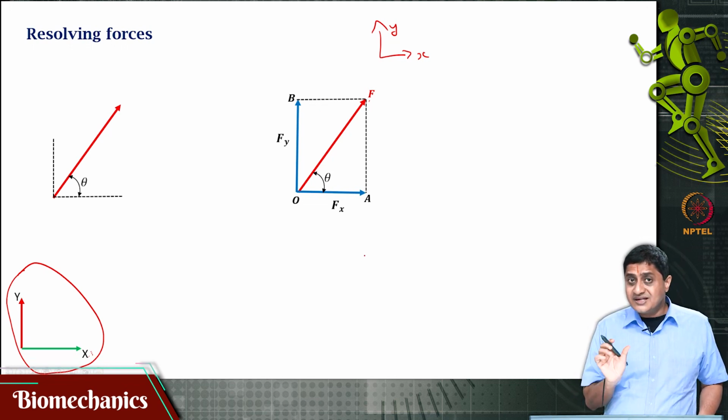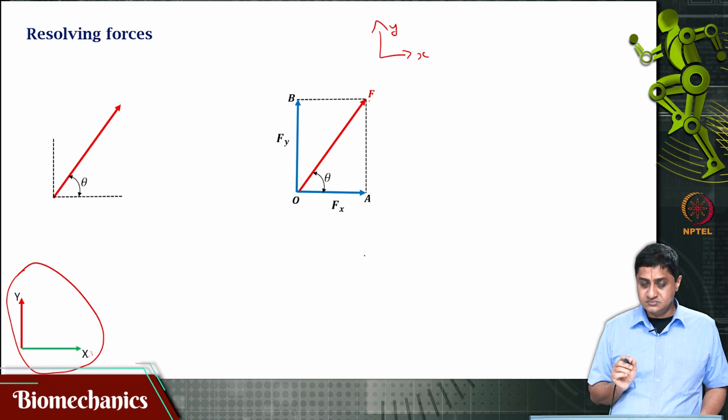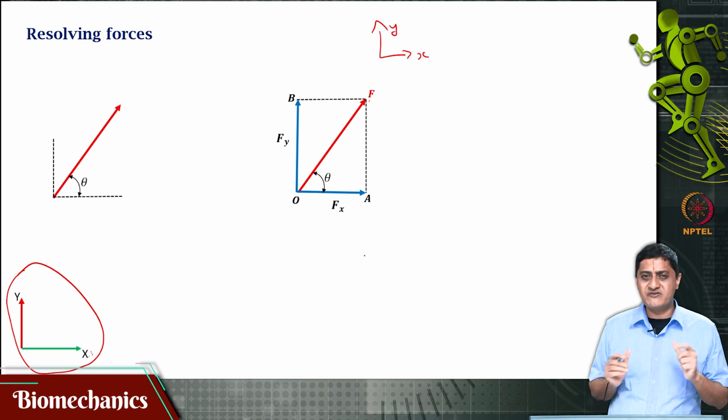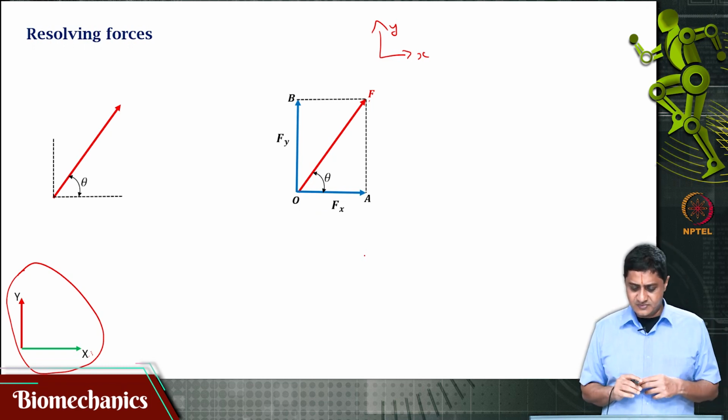So, at an angle of theta to the x axis, this force F is acting. Now, I would like to know the components of this force along the x and y axis, or I would like to resolve this force into its components.